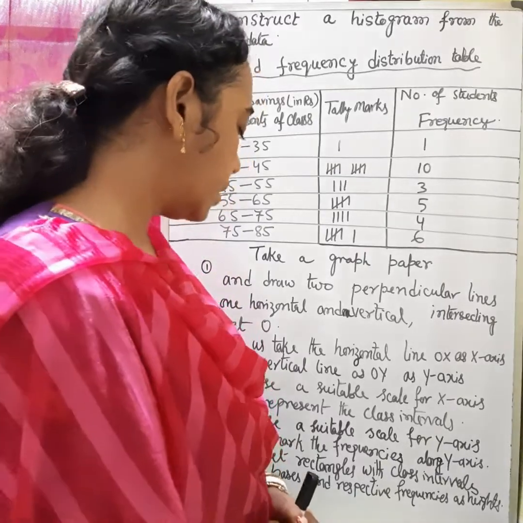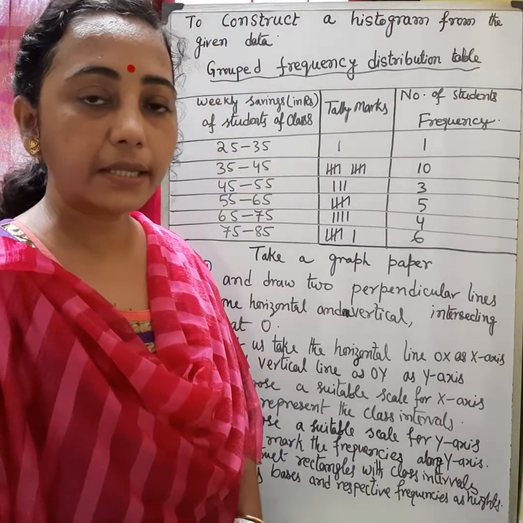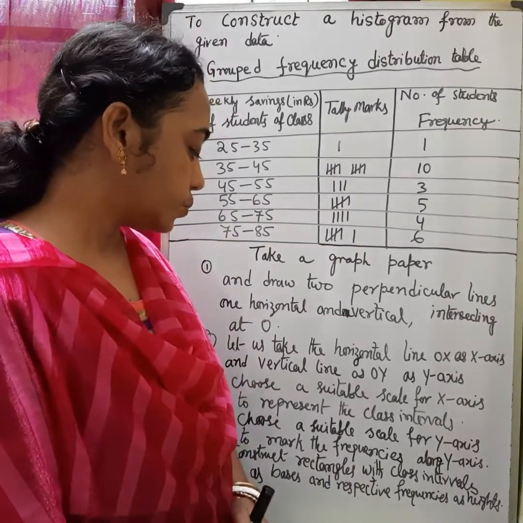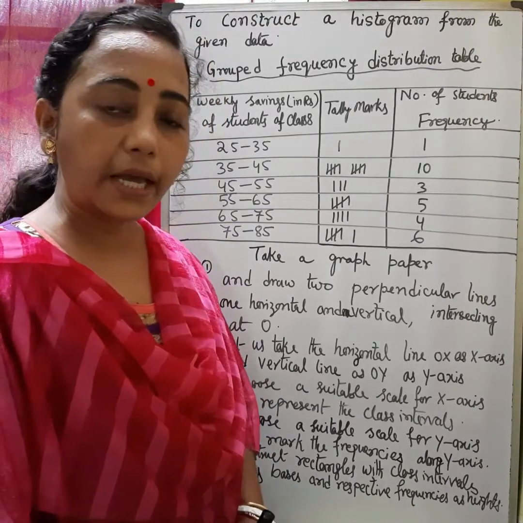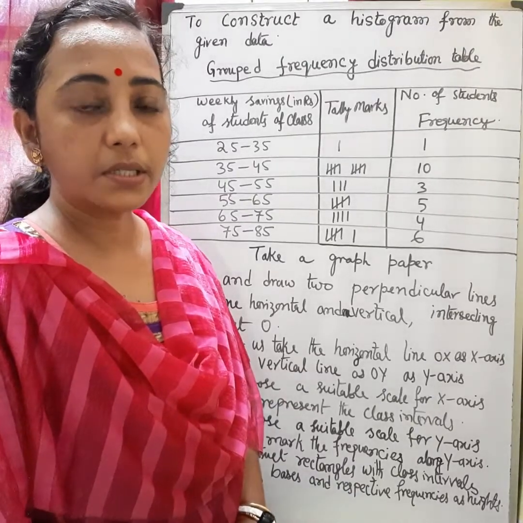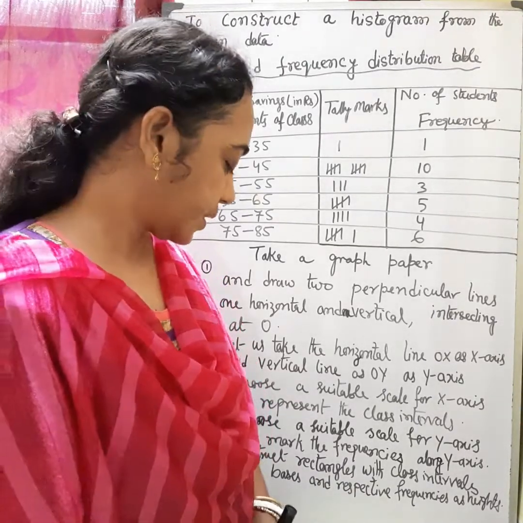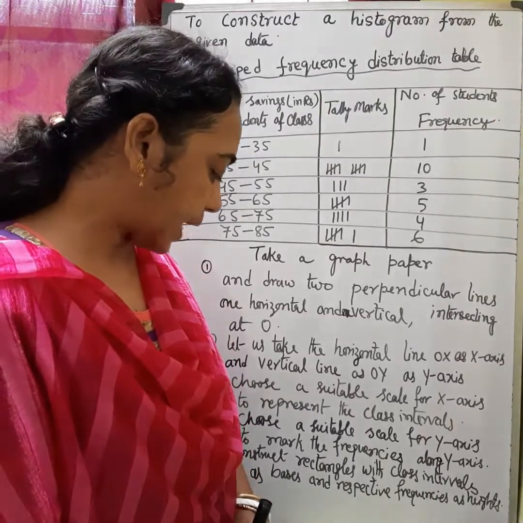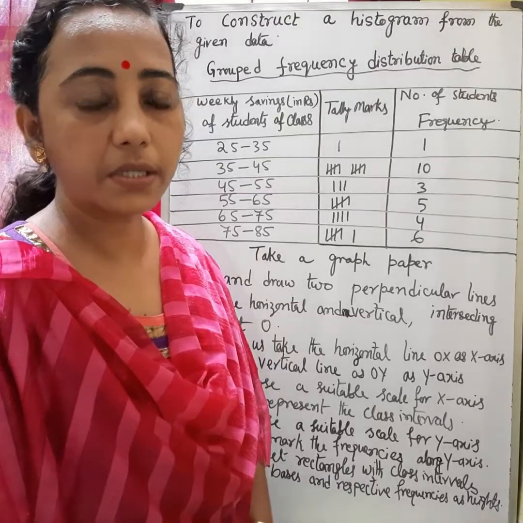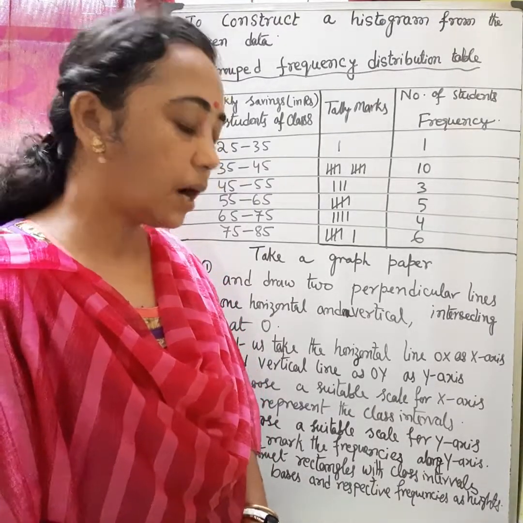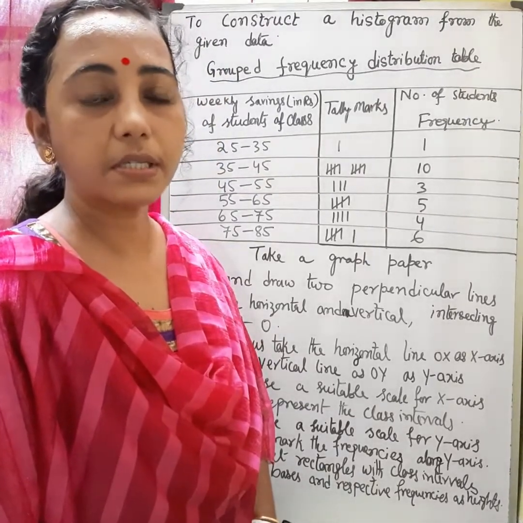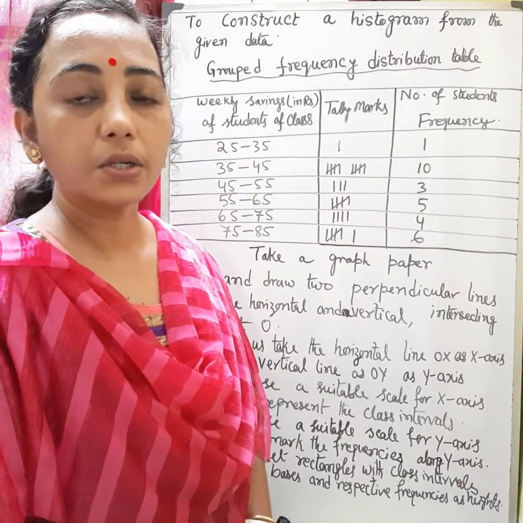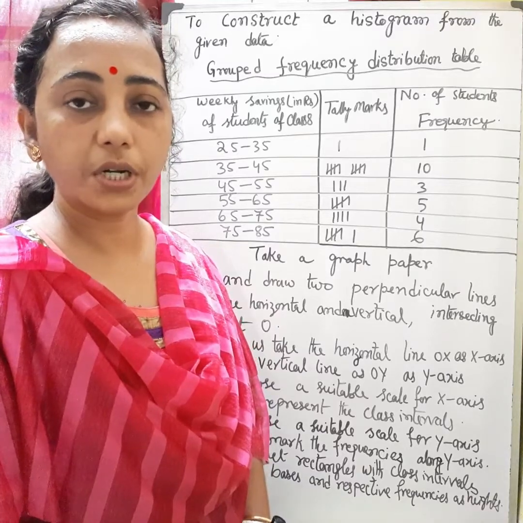After that, we choose a suitable scale for the x-axis to represent the class intervals. Similarly, we choose a suitable scale for the y-axis to mark the frequencies. Now we construct rectangles with class intervals as bases and respective frequencies as the heights. So using these steps, we can construct a histogram with the given grouped frequency distribution table.